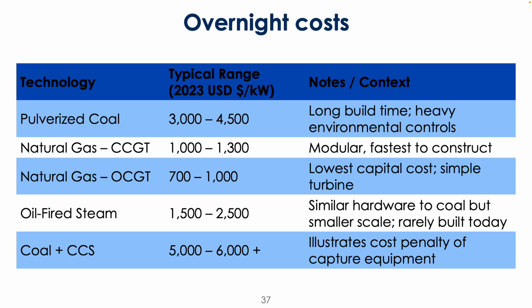They had always been a little more expensive because of the size and scale, but the economics of the cost of the coal fuel itself was one of the things that got people to build it despite higher overnight costs. But that's not true anymore, right? Combined cycle, and then simple cycle natural gas over there. Oil is quite a bit more expensive than natural gas, and the fuel itself is quite a bit more expensive as well.